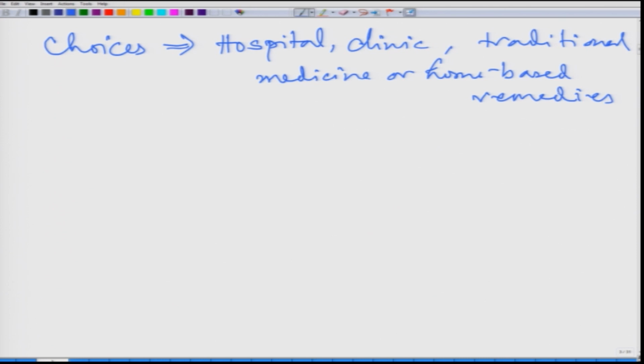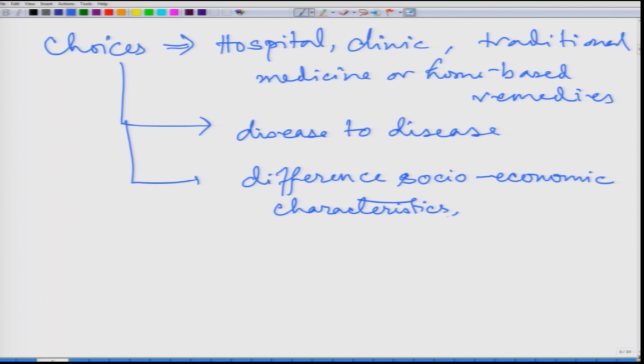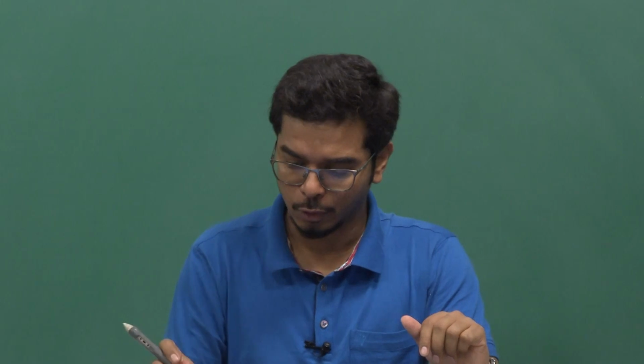These choices will also differ from disease to disease, and across different socio-economic variables or characteristics, such as income status, rural and urban, education, age, marital status, and so on.